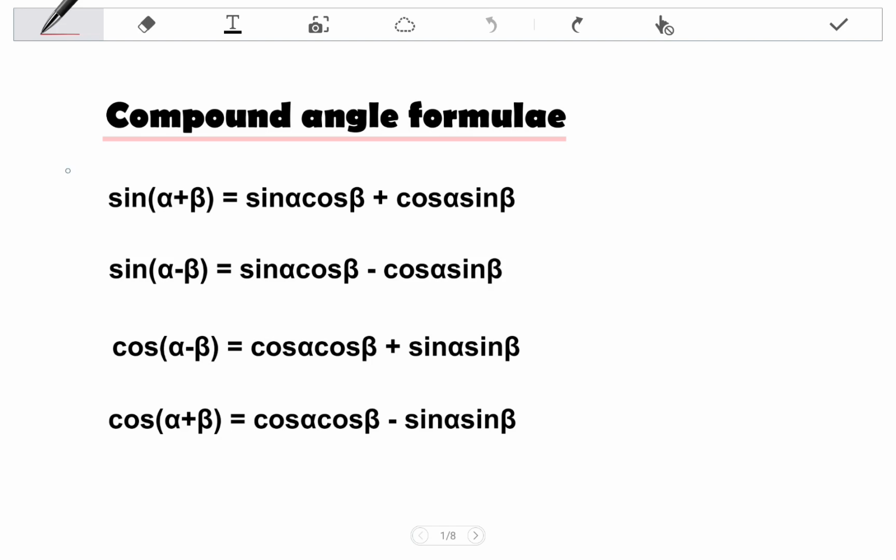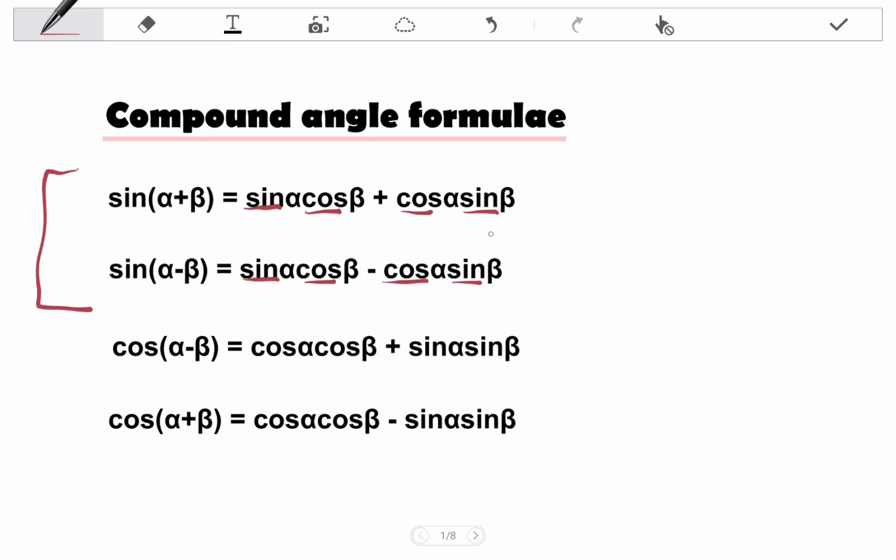So for example, if we look at the two sine formulae, if we just read them quickly, I've got sine of alpha plus beta equals sine alpha cos beta plus cos alpha sine beta. Then the second one: sine of alpha minus beta equals sine alpha cos beta minus cos alpha sine beta.